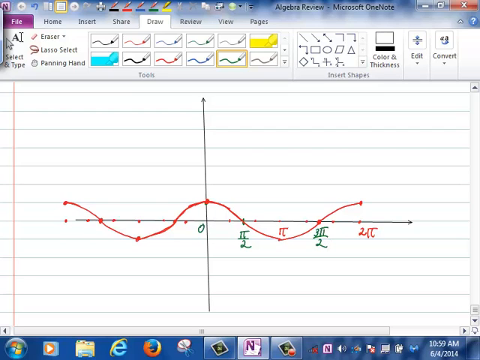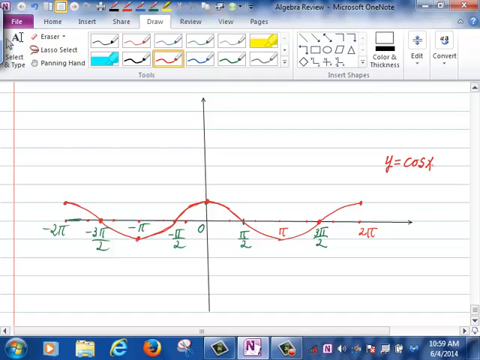This is 0. This is negative pi over 2. This is negative pi. This point here is negative 3 pi over 2. This point here is negative 2 pi. Everybody's okay with that? This is the graph of cosine x.